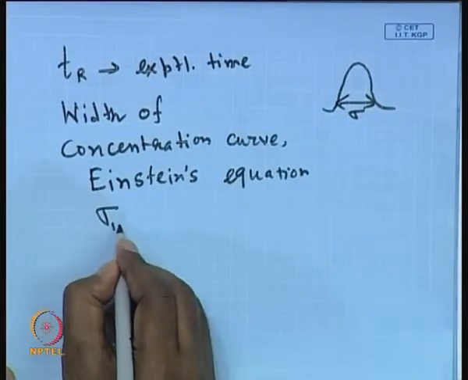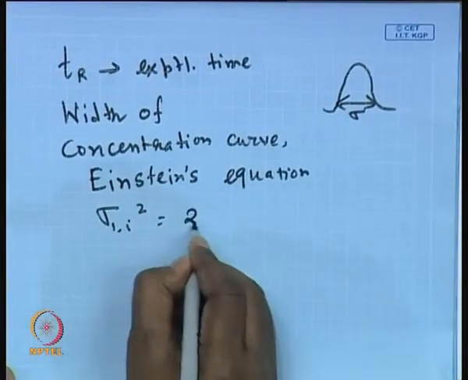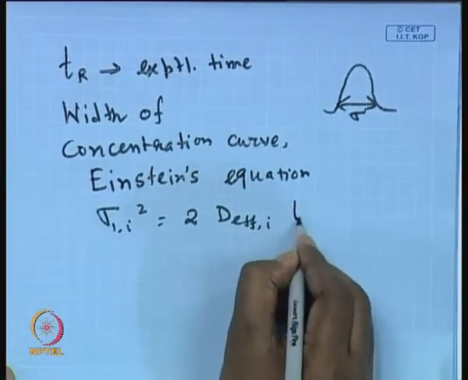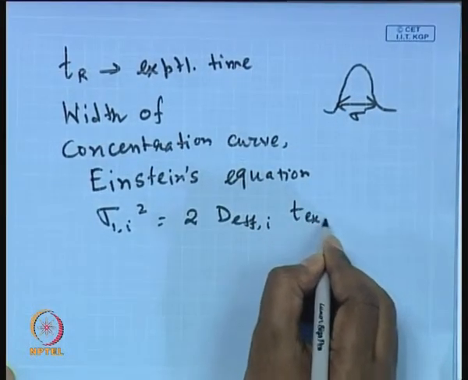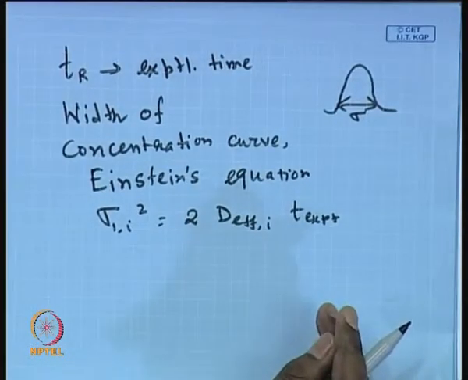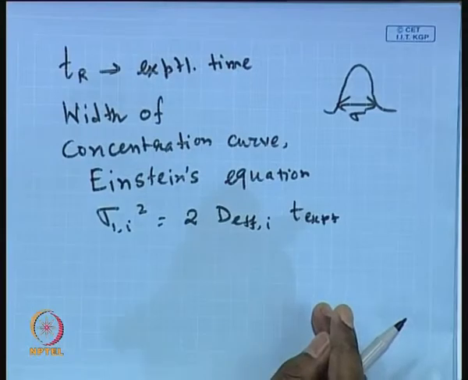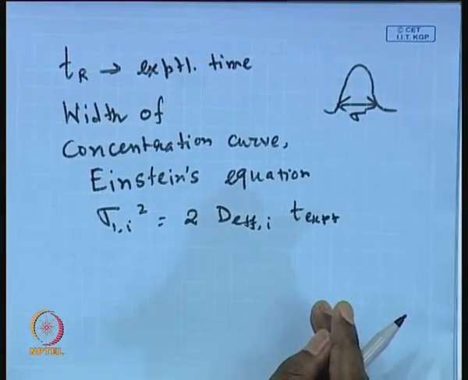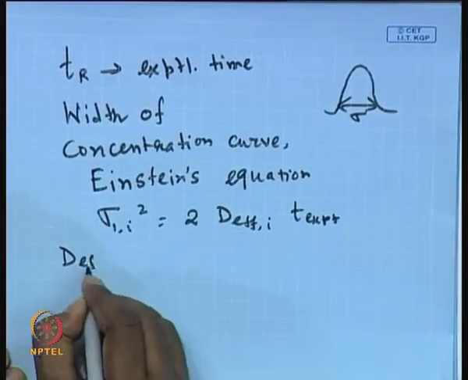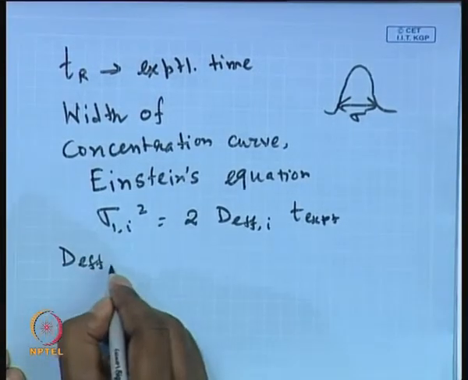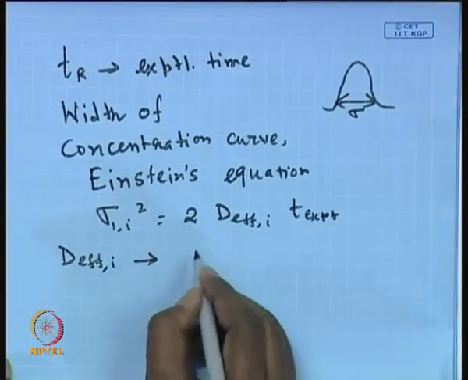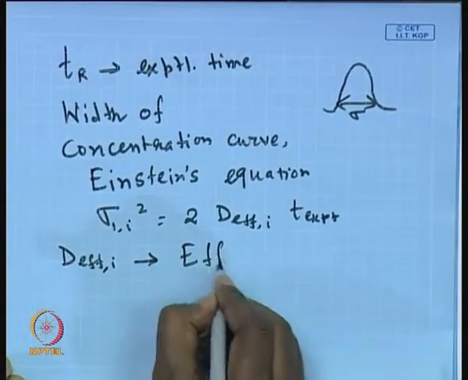Sigma I square is nothing but 2 times D effective I times t experimental. T experimental is the same as the retention time, and it will basically be an operating condition. You are going to run the system for 2 hours, 1.5 hours, 5 hours, something like that. And D effective I is nothing but the effective axial dispersion coefficient in the electrophoresis system.